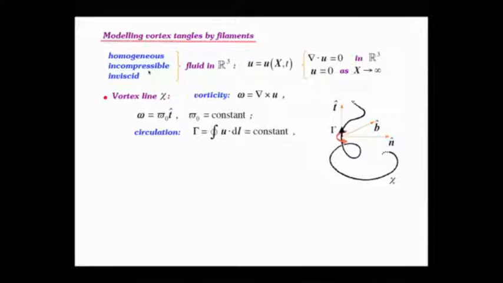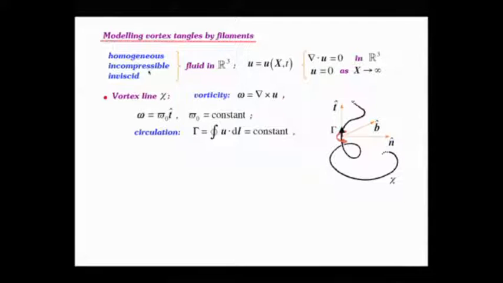A vortex line is, as I said, kind of a defect. So for me, a vortex line is basically a space curve, and I identify the tangent unit vector with vorticity. As simple as that. The cross-section of this vortex is so small, we're talking angstroms, with a length of centimeters, that I take it as a constant.